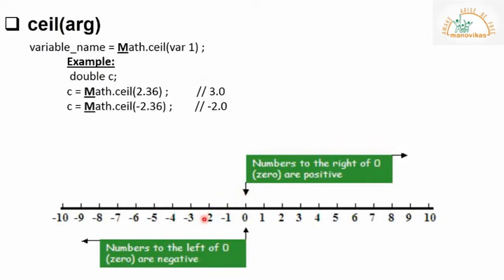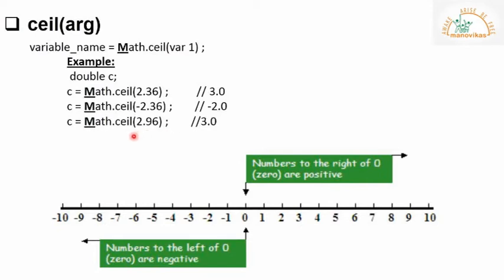So minus 2.36 lies here, and rounding up to the nearest integer means the higher integer value from here will be minus 2. So your answer will be minus 2.0.